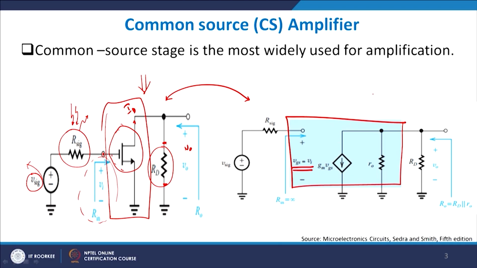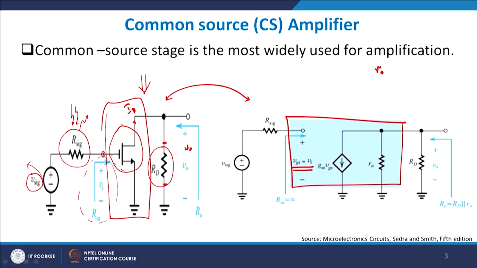We have also understood previously, when we were discussing the small signal, that I will always have an RO, which is the output impedance of the device, by virtue of the fact that your output will be slightly affected by CLM. So, you will always have the channel length modulation phenomenon, and therefore, if you want to find out delta VD by delta ID, you will always have an R0 which is not equal to infinity, but typically a relatively large value.